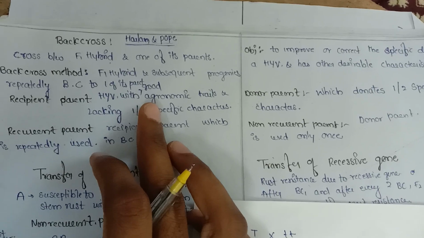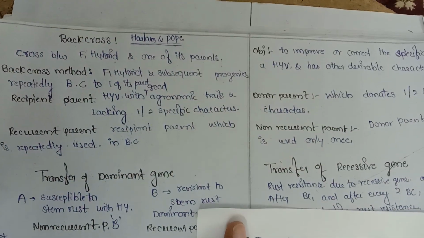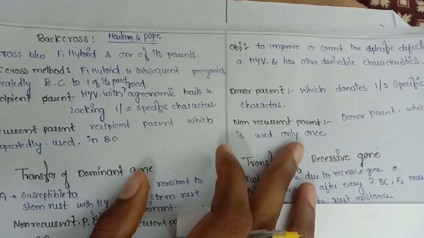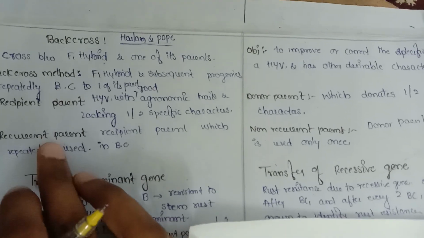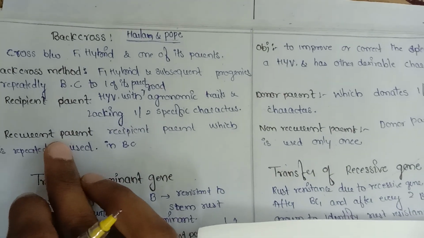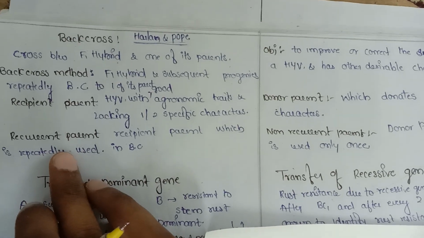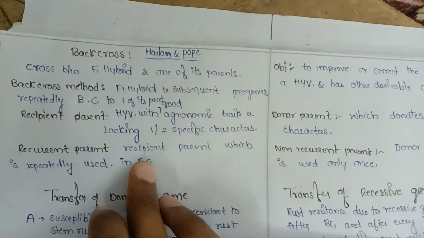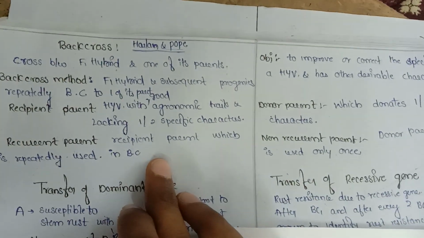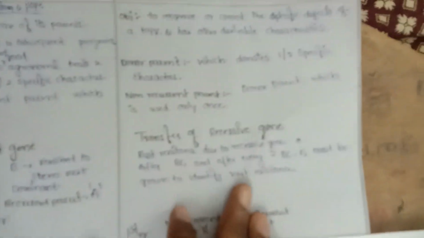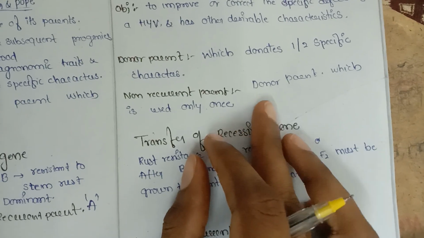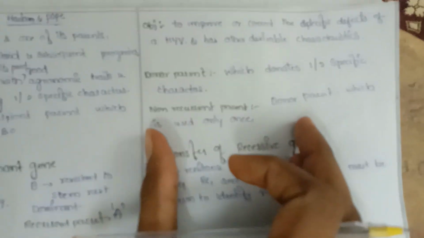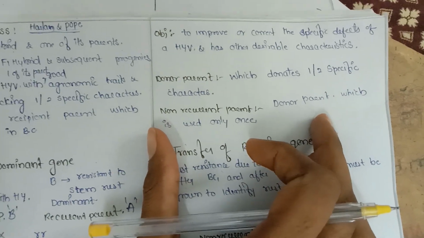Now let us know about the recurrent and non-recurrent parent. The recipient parent is also called the recurrent parent, as it is repeatedly used in the backcross method for getting the characters from the donor parent into the recurrent parent. The non-recurrent parent is the donor parent, which is used only once in the backcross method.